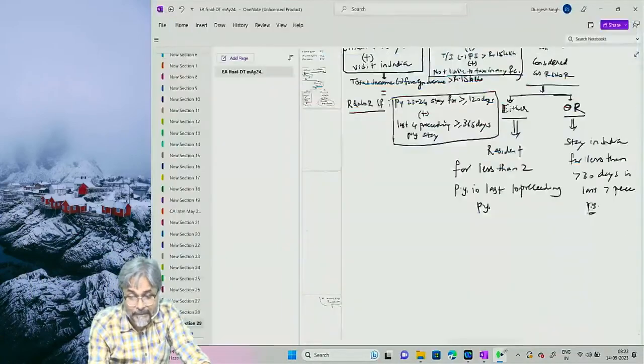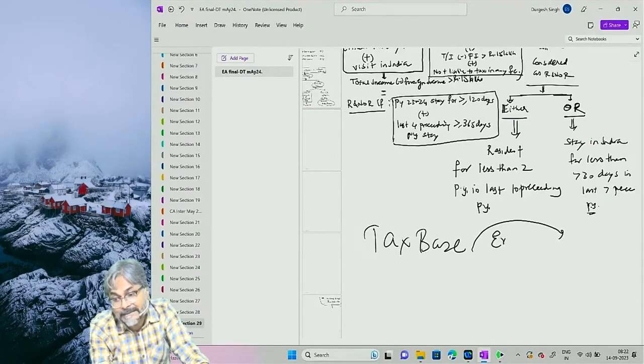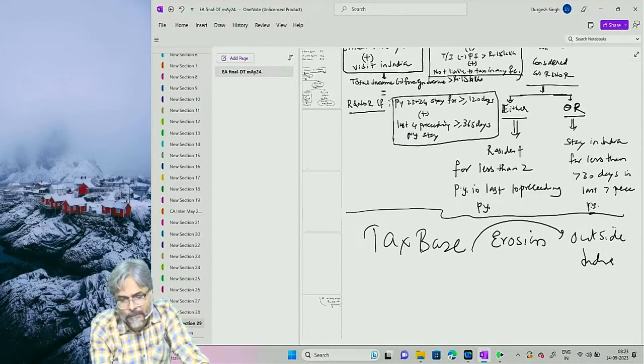What will happen? The tax base will suffer erosion, and where? Outside India. These are some technical words which I'm using right now; you'll appreciate them as we proceed further.